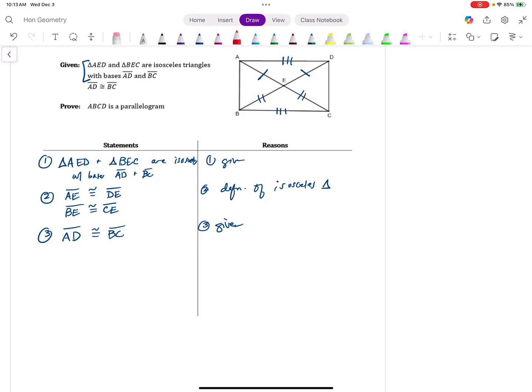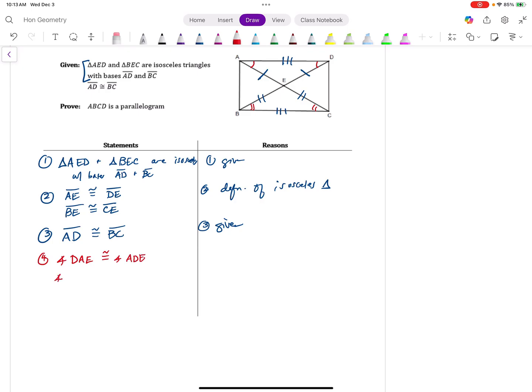We don't know they're the same length legs, but what we do know is that that angle is congruent to this one, and that this angle is congruent to this one. So let's put that in there. So angle DAE is congruent to angle ADE.